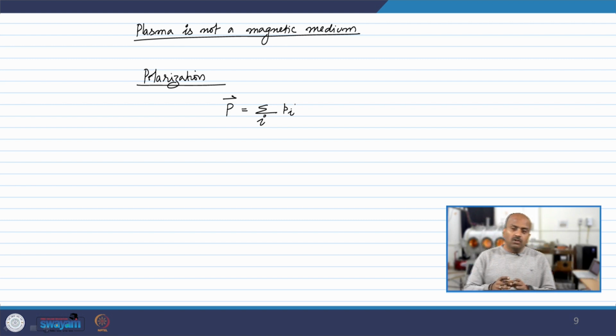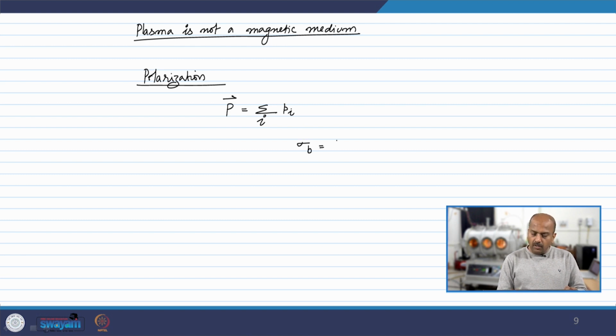Since these electrons are not coming out, this dipole can be considered bound, and it will constitute a bound charge density, which is sigma_b. Charge density, I am calling it charge per unit area, let us say, for now, okay, is minus del dot P.